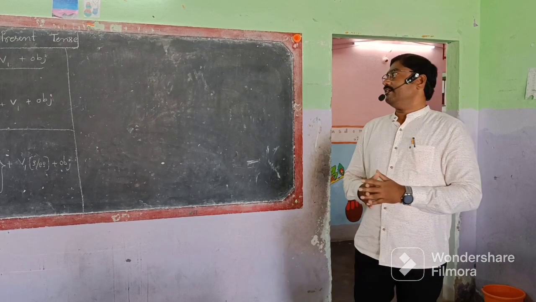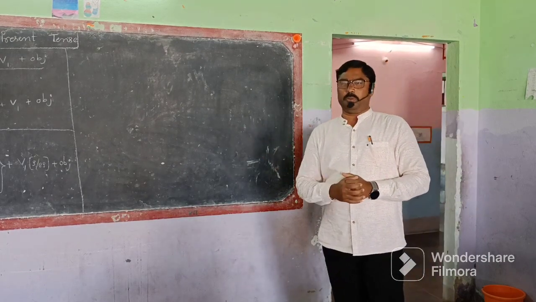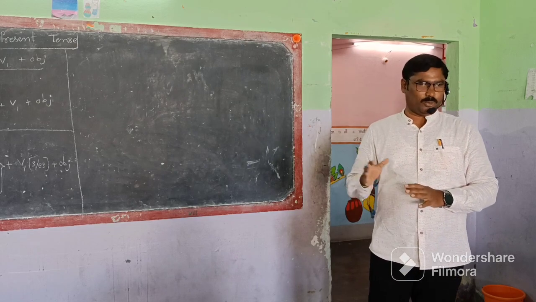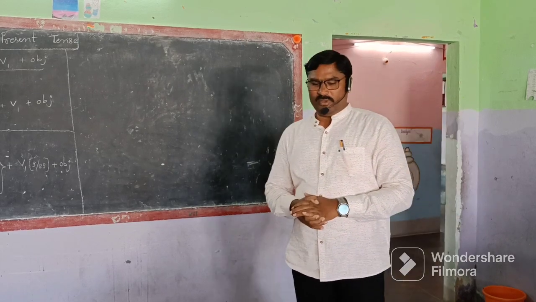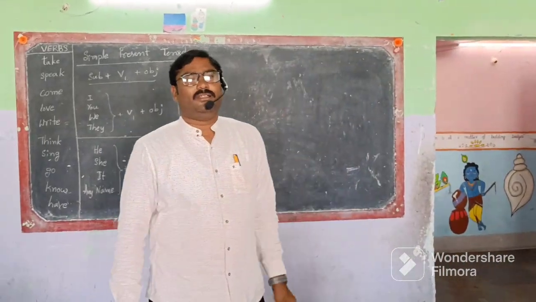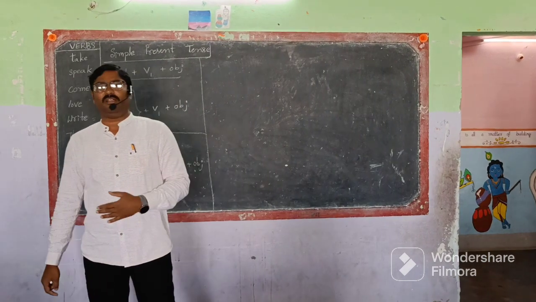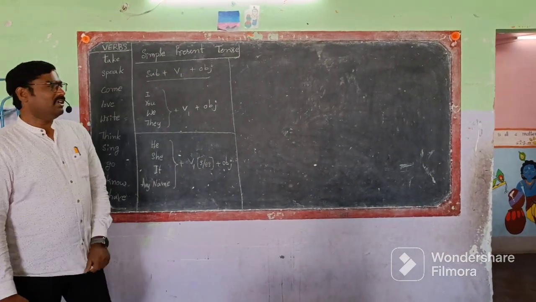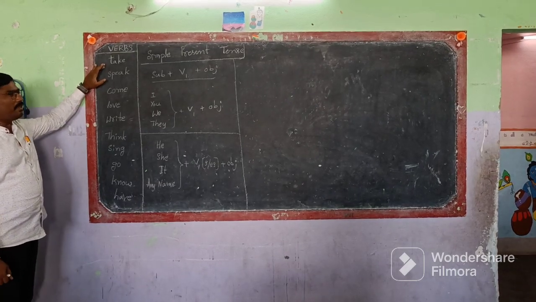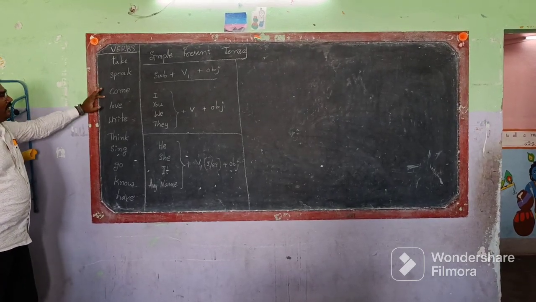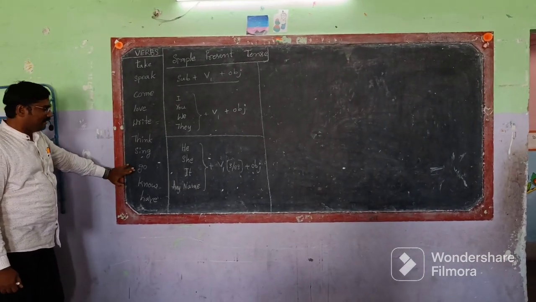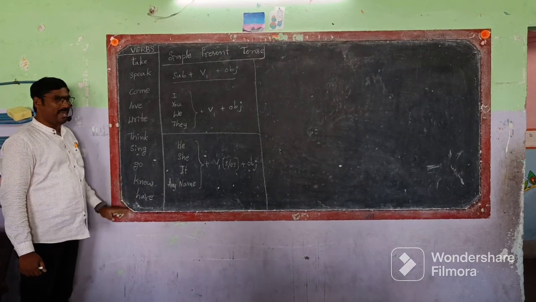The first is the structure explanation with different verbs. We'll see on the board now. Today we learn the structure of the simple present tense with the present form of the verbs, which I have written on the board: take, speak, come, love, write, think, sing, go, know, have.